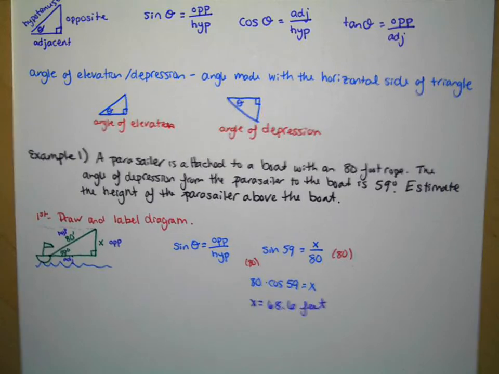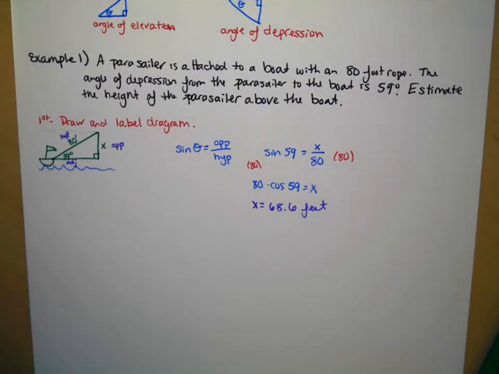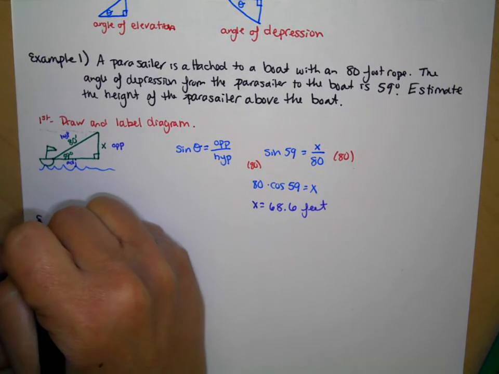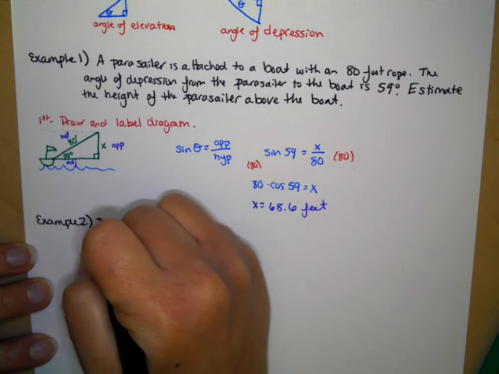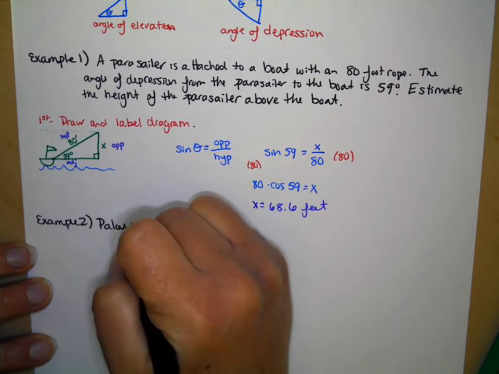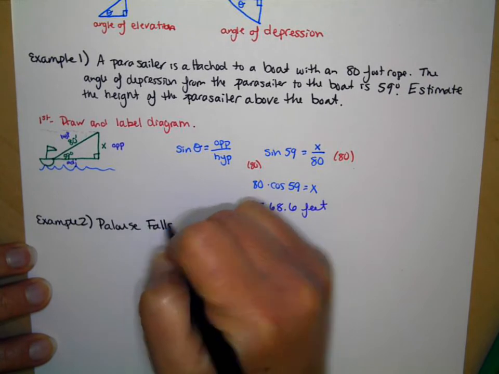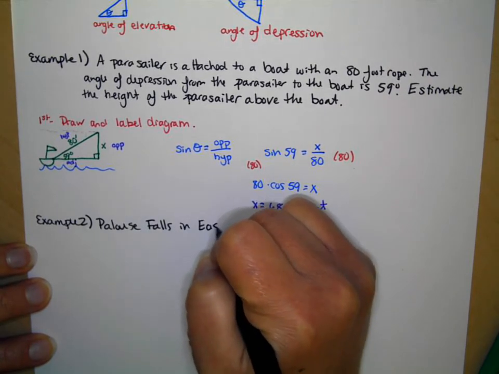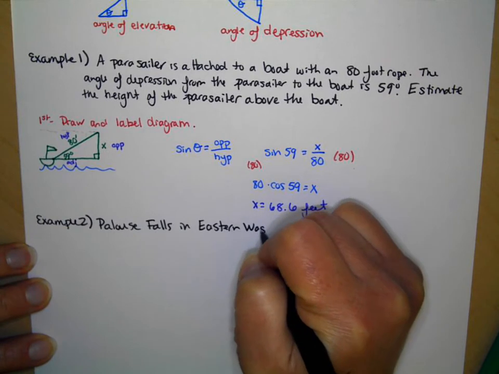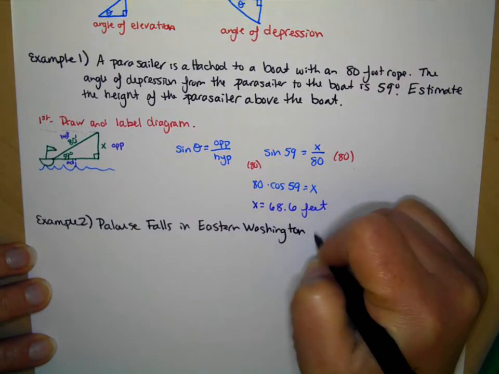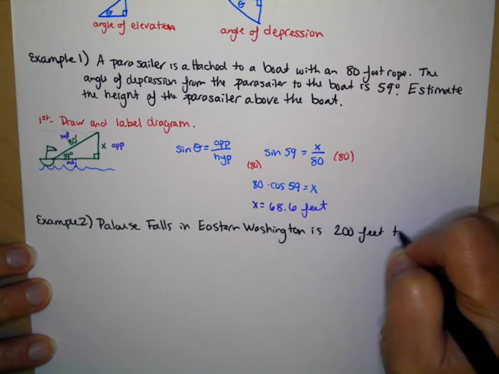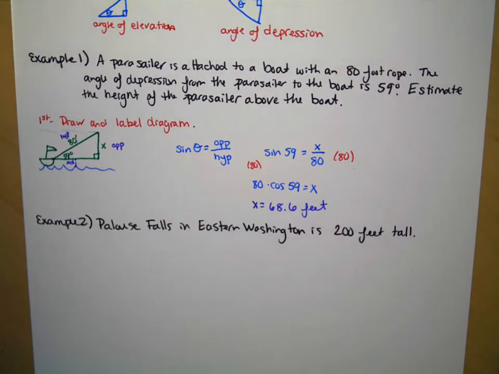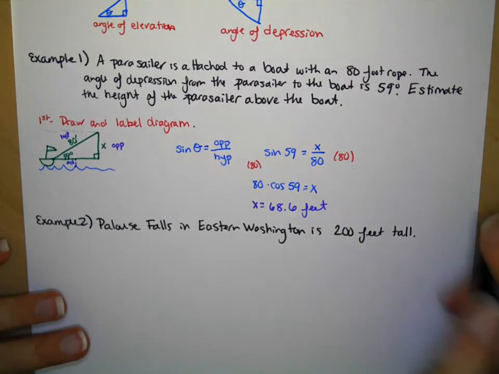All right, let's try another word problem. Example 2. Palouse Falls in eastern Washington is 200 feet tall, according to Wikipedia. According to other sources, it's maybe a little bit different, but we'll go with this one because it's a nice friendly number.